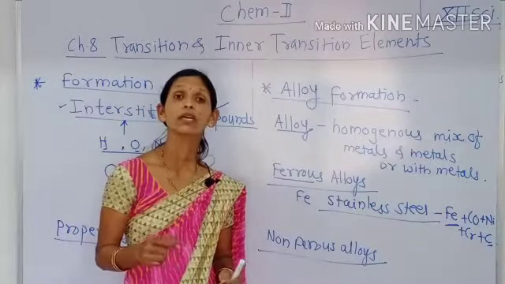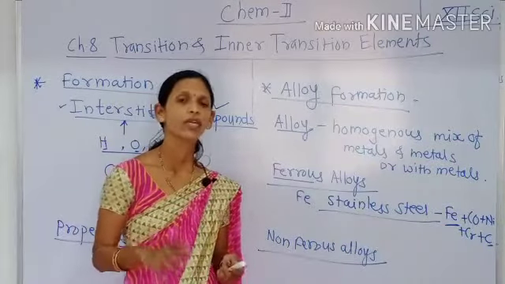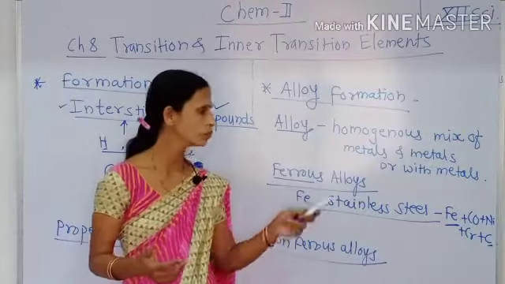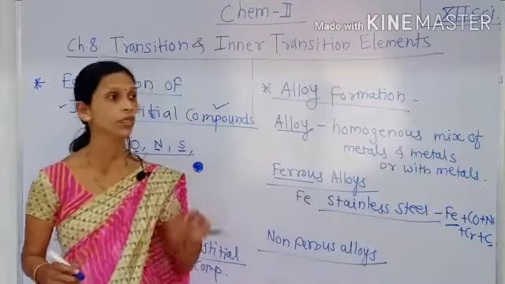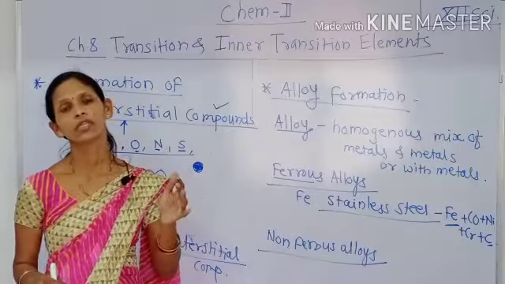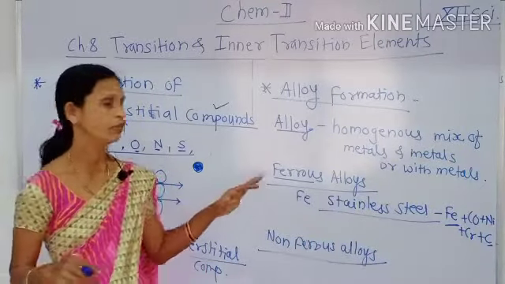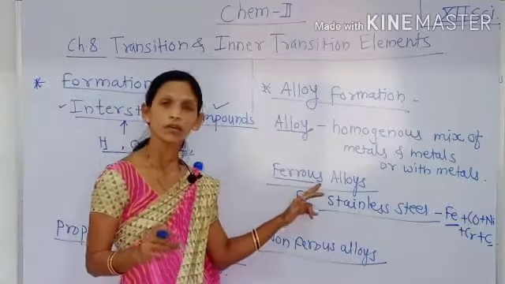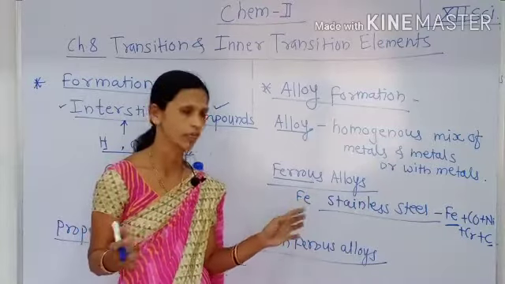That means the tenacity, that is toughness and strength, of the alloy increases due to the formation of that type of alloy. These are used in different places wherever necessary, and the uses of these alloys differ.